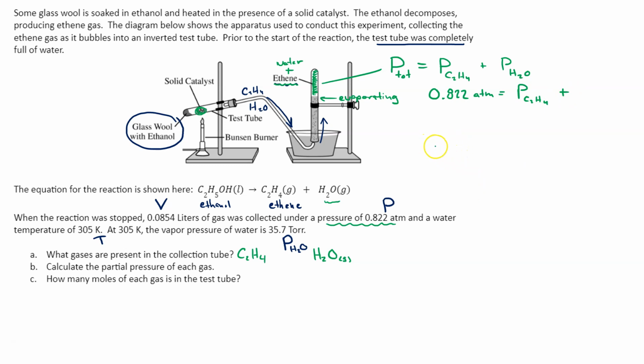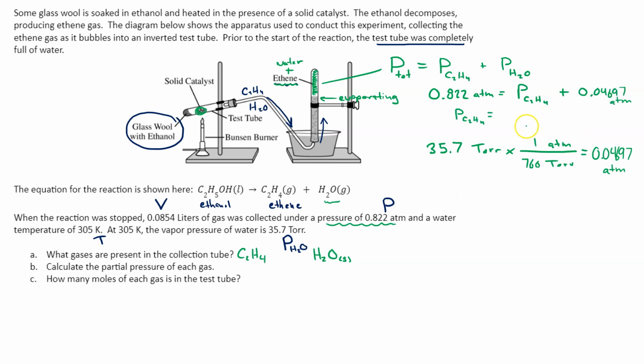You have the extra issue that your partial pressure of water is in the unit torr, and the other pressures here, at least the total one, is in atmospheres, so we're going to want to convert torr into ATM. This conversion is actually provided on your AP Chemistry equation sheet, where it'll tell you that 1 atmosphere is equal to 760 torr, and this gives me 0.04697 ATMs as the partial pressure of the water that I can now plug in.